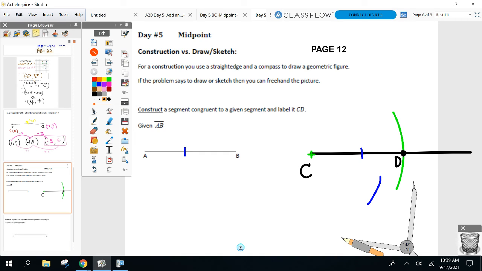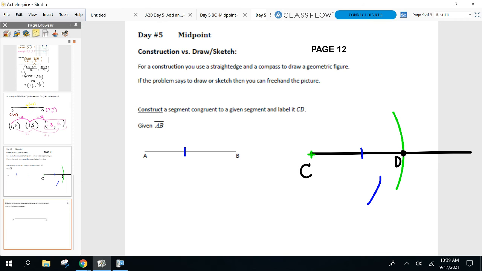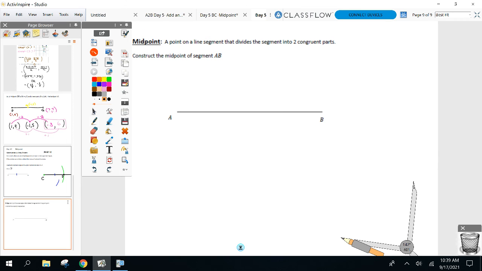One last thing, and you can see it on the bottom of your page: how do I construct the midpoint? How do I find the midpoint, constructing it, not using a ruler. All right, ready? Take your compass. We do not need a separate segment like we did for the last one, because we're trying to find the midpoint of AB, so we're going to do this right on AB.